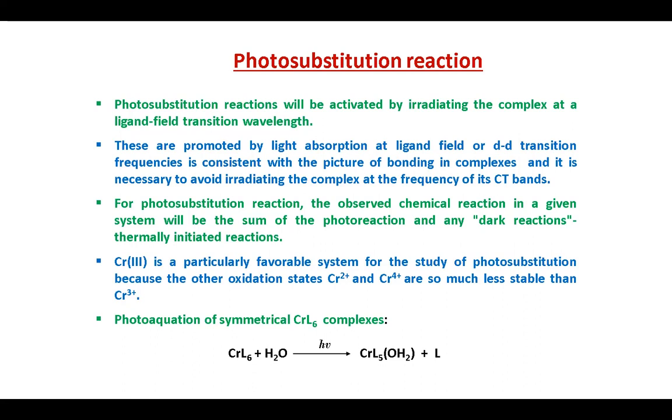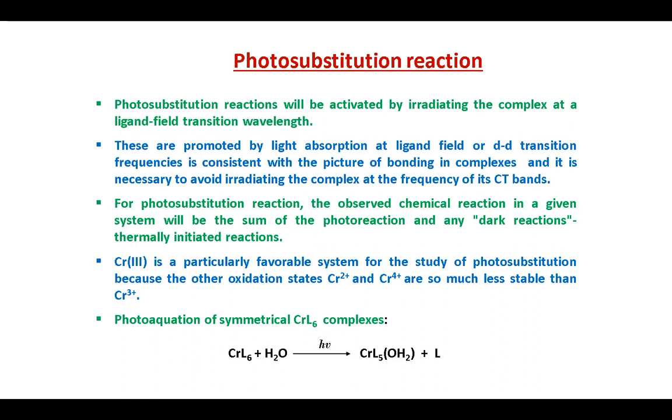If we wish to promote photosubstitution, it is usually necessary to avoid irradiating the complex at the frequency of its CT bands. For a photosubstitution reaction, the observed chemical reaction in a given system will be the sum of the photoreaction and any dark reactions, thermally initiated reactions.